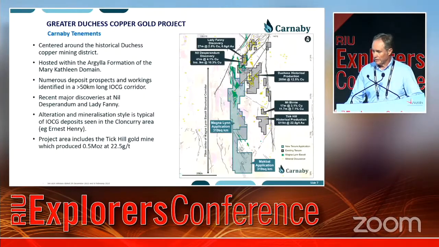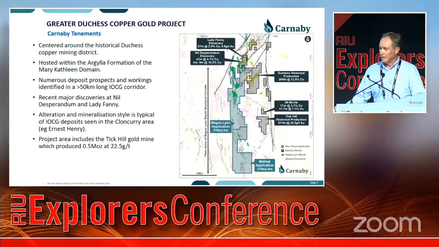So the Carnaby tenements are centred around the historic Duchess Copper District. Amongst those is the Duchess Copper Mine, which was mined from 1900 to 1940, produced 2,500 tonnes of copper metal at a grade of 12%. At the southern end of the tenements is the Tick Hill mine, which is a historic mine operated by MIM in the 90s.